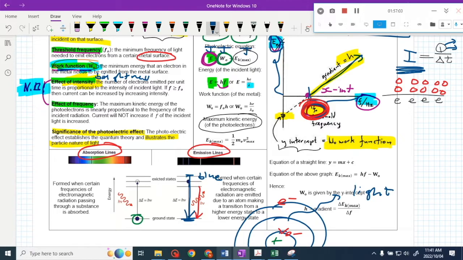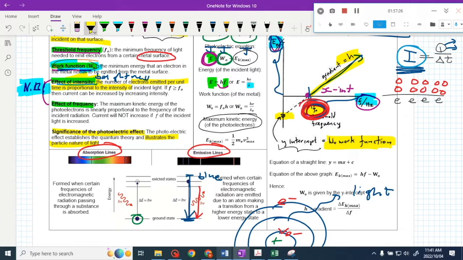So grade 12 is very important. If you would like to increase current, you're going to increase intensity. It says here in your notes, the number of electrons emitted per time is proportional to the intensity, provided the frequency is bigger than or equal to the threshold frequency. If you want to increase current, you increase intensity.